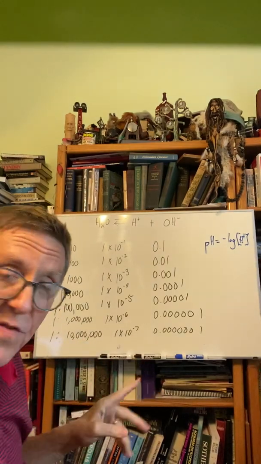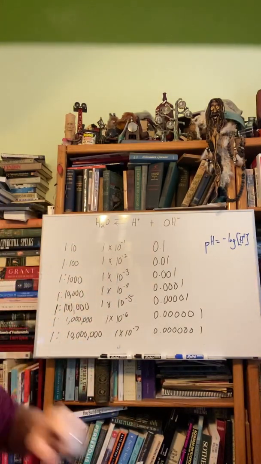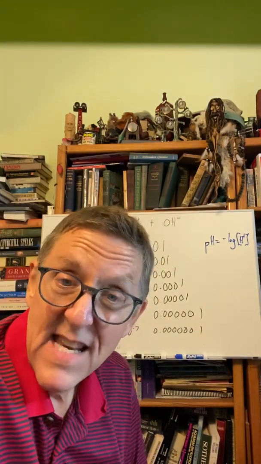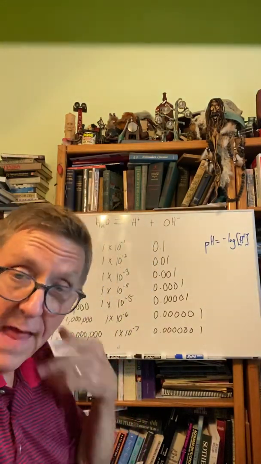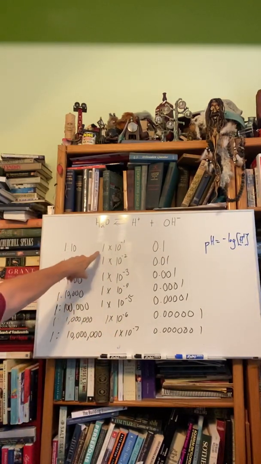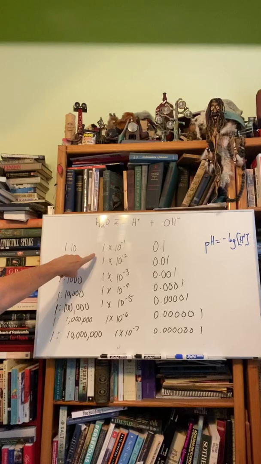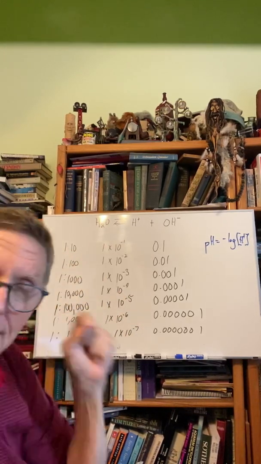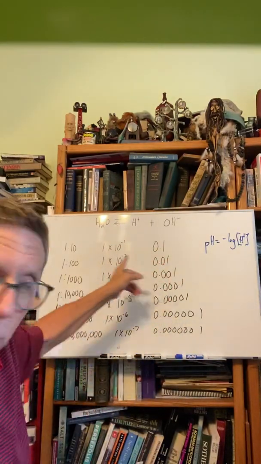So if this maybe happens 1 out of every 10 water molecules, we would say it was 1 in 10. We could write it in scientific notation, which is this weird notation where we go 1 times 10 to the negative 1.